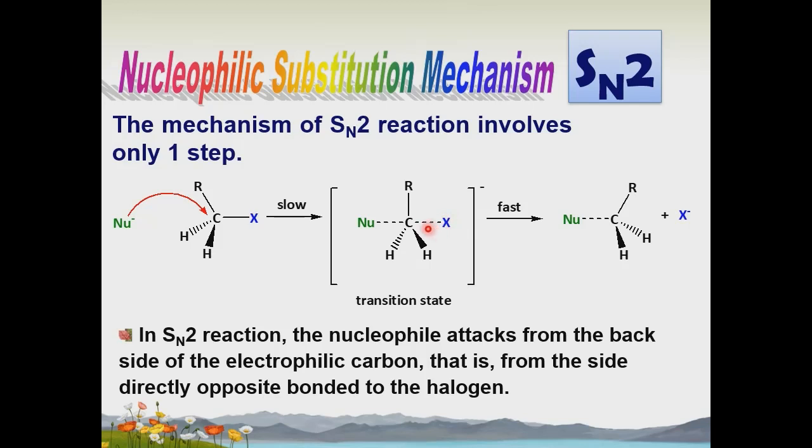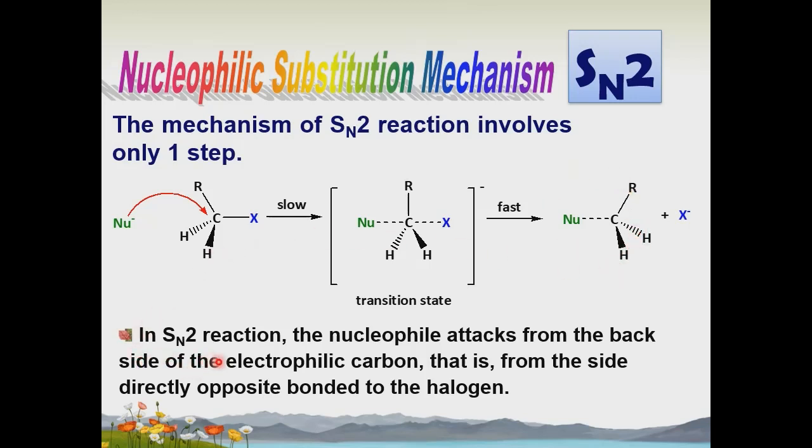It can take both of the electrons in this bond to itself, and finally the nucleophile will be attached to the carbon at the back side of the original haloalkane, and now it has become a new product.